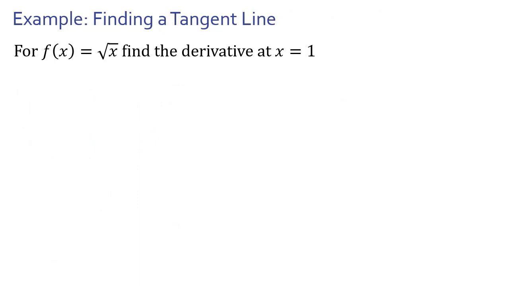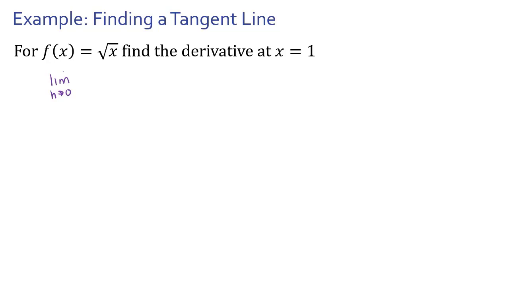Okay, let's look at another example. So for f of x equals the square root of x, find the derivative of x at 1. So let's go back and use our formulas. I'm going to stick with using the limit as h approaches 0, because we're going to end up using this a lot more in the future, and you'll see that play out pretty soon.